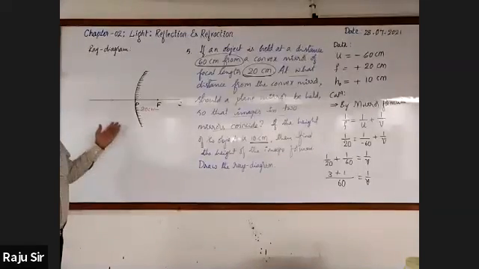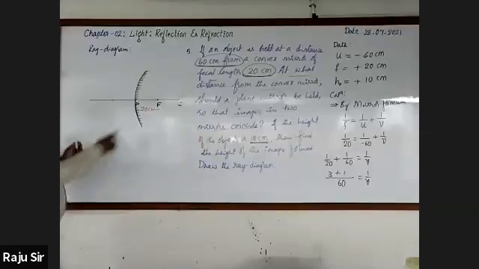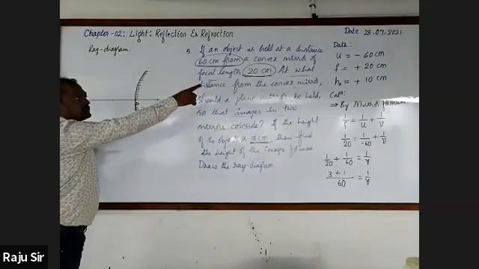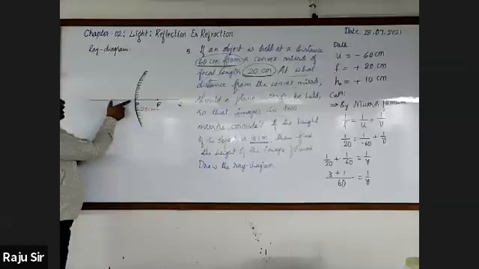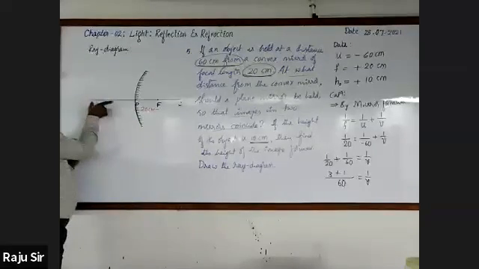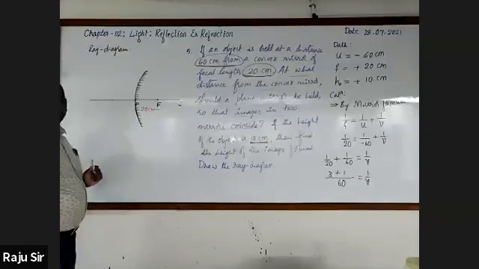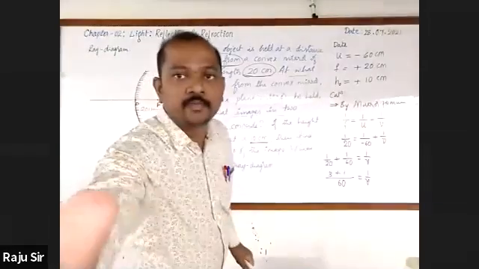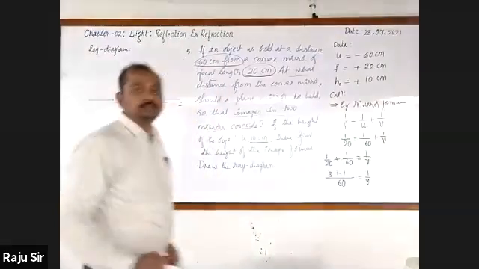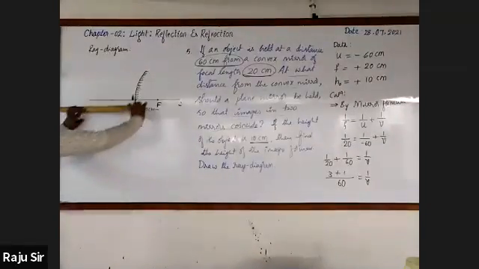At what distance is the object placed? 60 centimeter. It is placed at a distance of 60 centimeter from the mirror. Up to here 20, then this is 40, next it is 60. At infinity, sir. Here I'll go for extending this.